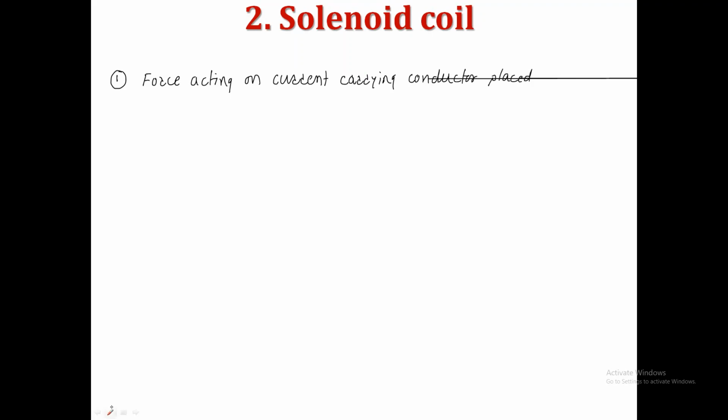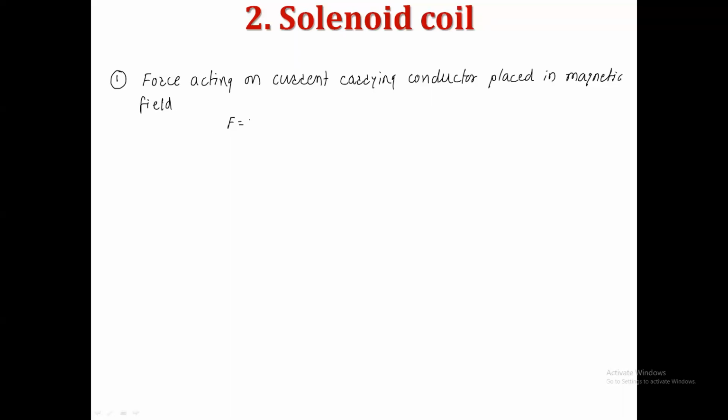Placed in a magnetic field. So what is its magnitude? How can you calculate it?